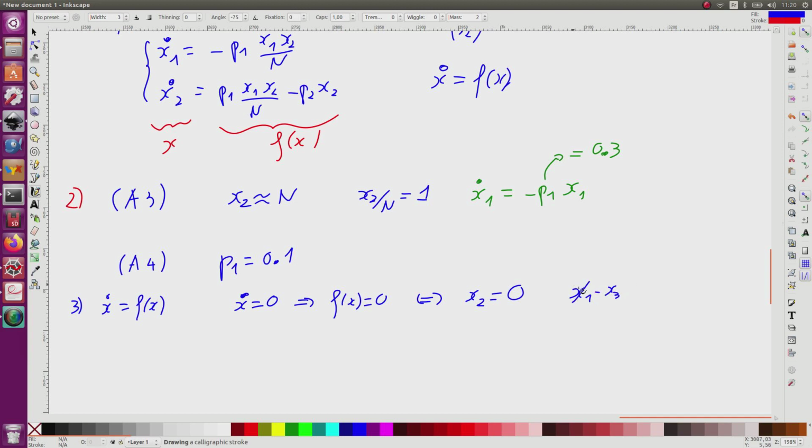So we cannot say anything about x1 and x3. It depends on the initial condition. So we cannot answer the question. We cannot know from the dynamic of the system what is the percentage of the population that will never be infected.